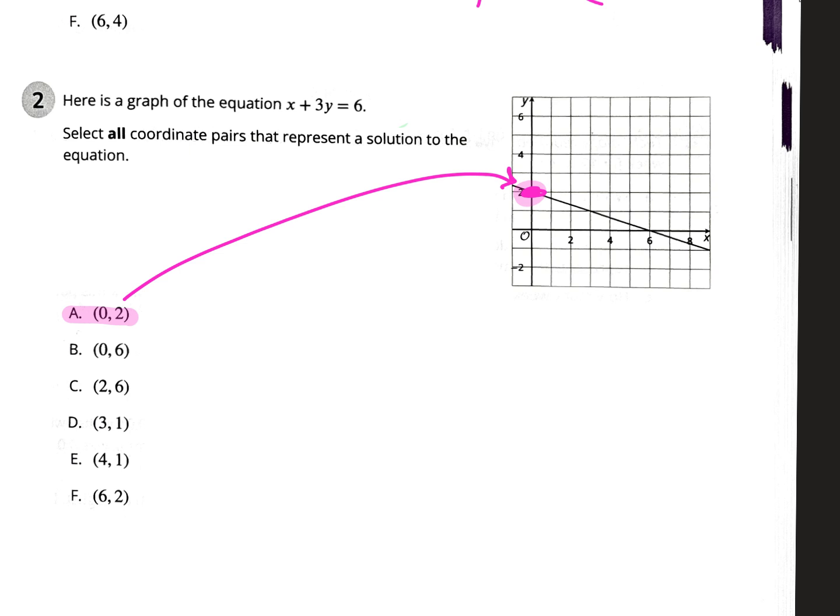And I'll go ahead and tell you that there is one more correct answer. Hopefully you've paused the video and now you're ready to check. So the other one is D. And you can see D right here at (3, 1). So you should have A and D for number 2.